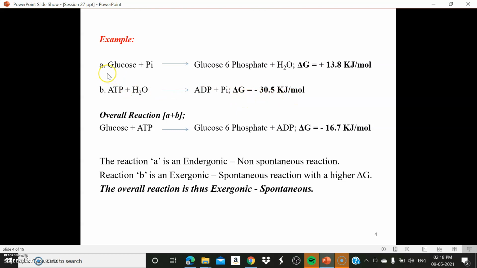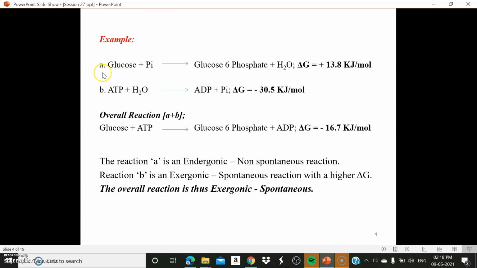So if you take up the first reaction of glycolysis, that is conversion of glucose to glucose 6-phosphate, whose delta G is positive, so it is a thermodynamically not favorable reaction. This reaction is coupled with the hydrolysis of ATP.